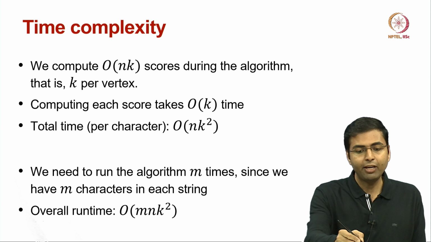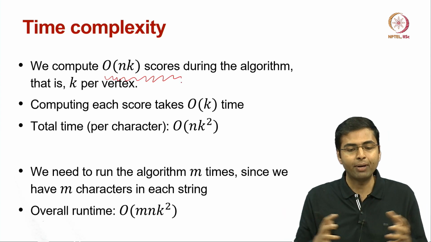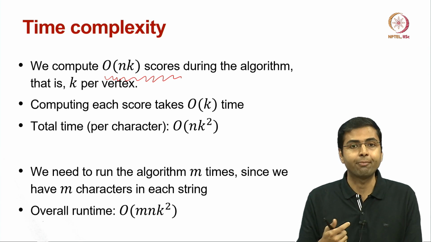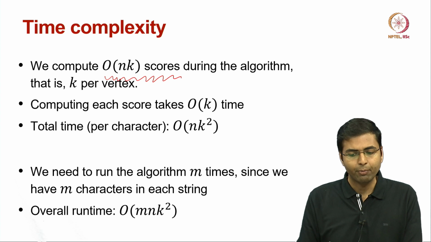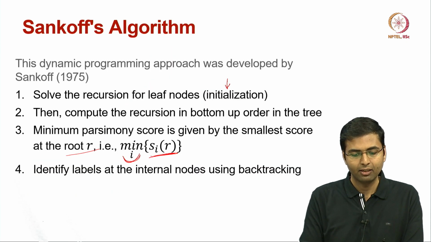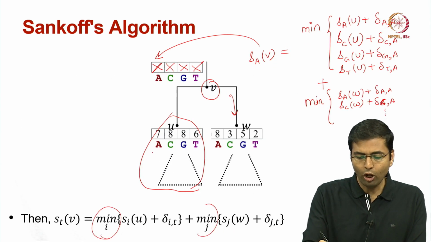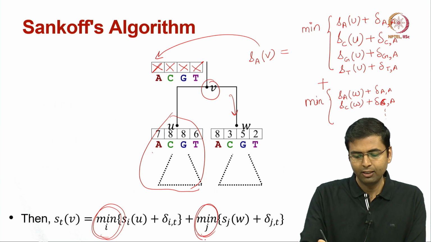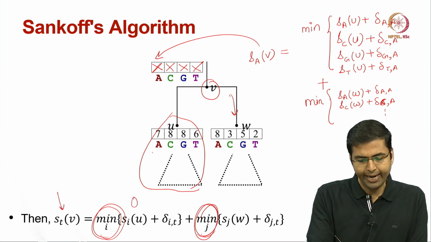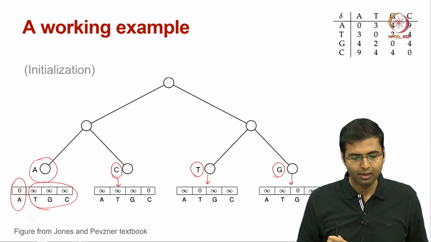So, we are filling a total of order nk scores in the entire dynamic programming, and computing each score takes order k time, because we are iterating over all possible values in the recursion. Remember that in the recursion we are computing over all possible states at the children. So filling each value takes order k time, because we have to consider all possible states.